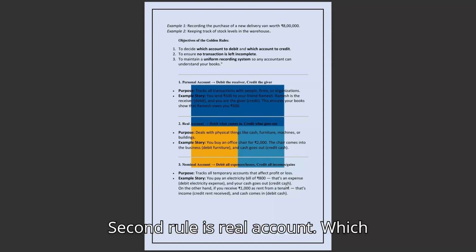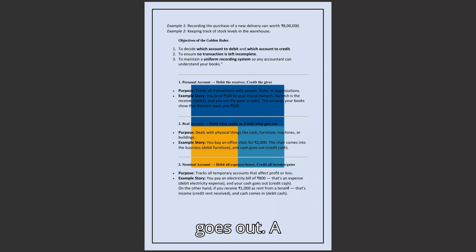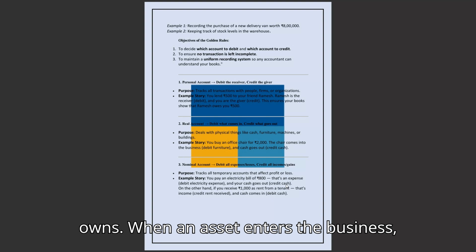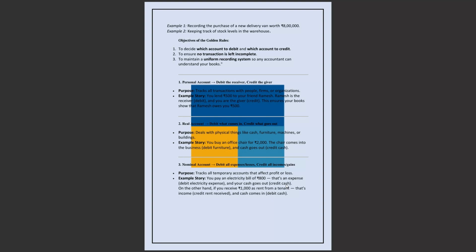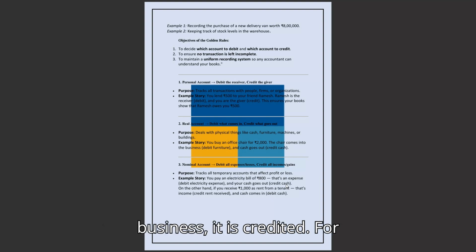Second rule is real account, which says debit what comes in and credit what goes out. A real account deals with tangible and intangible assets, things a business owns. When an asset enters the business, it is debited. When an asset leaves the business, it is credited.